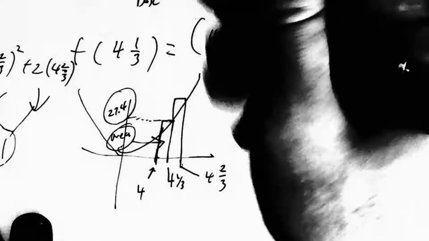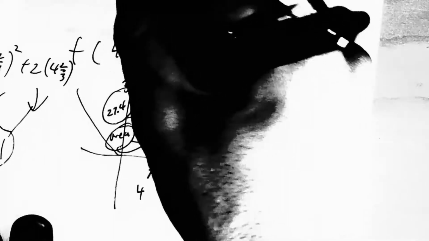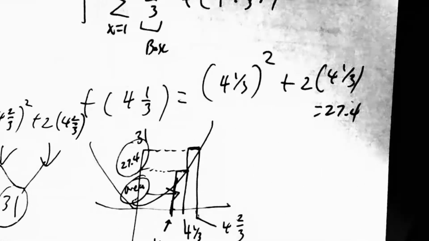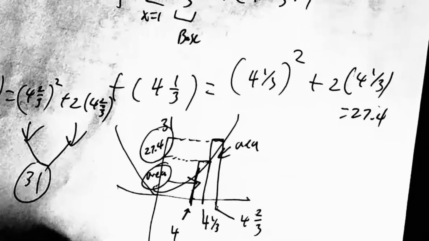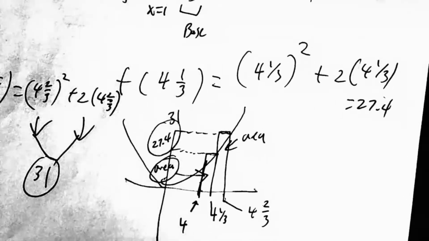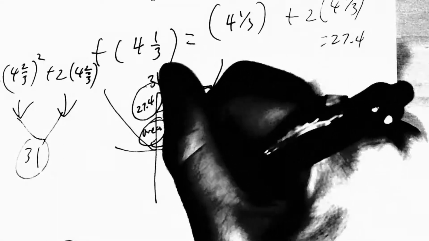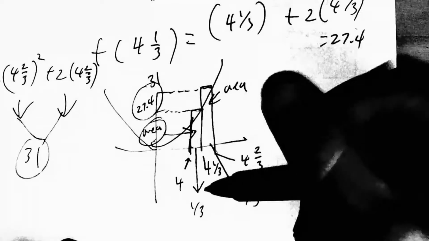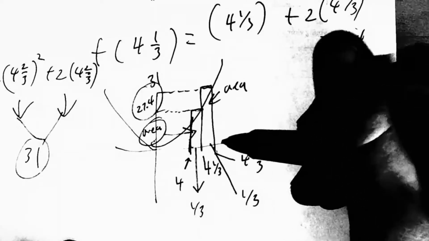So the height of my next rectangle is 31, and that's going to be multiplied by 1/3. So now I got the area of this one. So that's what we're doing. We are multiplying 1/3, that's the width of each of these, times the height, which is the output of the function at their respective x values.